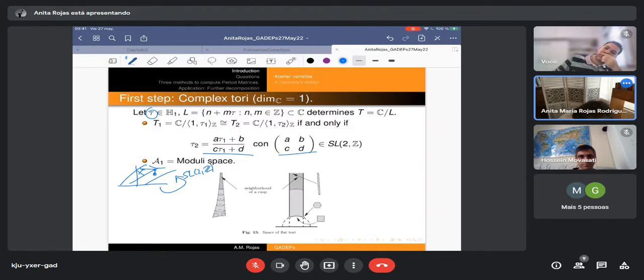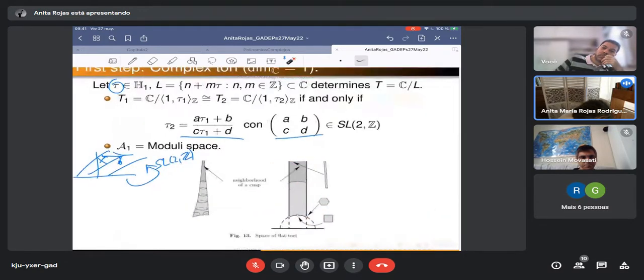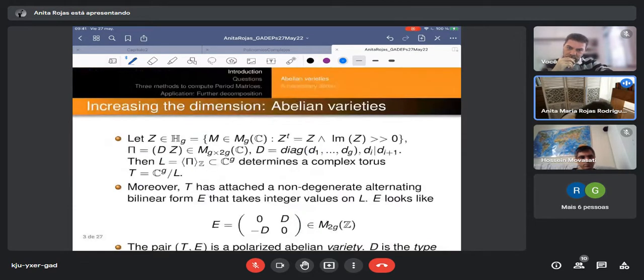It is known that a fundamental region for the action of this group is this one. And you have these identifications given by the corresponding elements. For instance, here is that, and here you got that one. That is the analytic model for the moduli space of complex tori. So that is the first step.